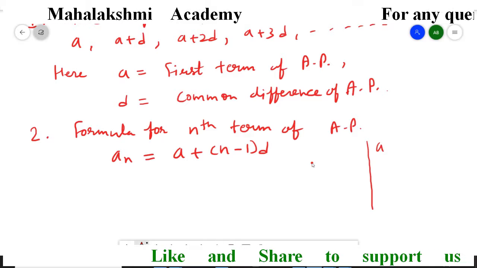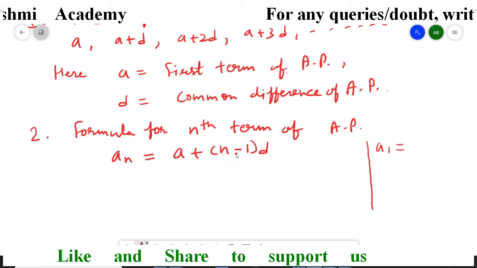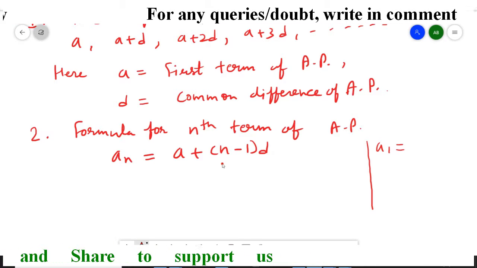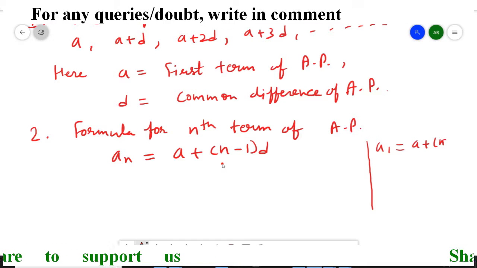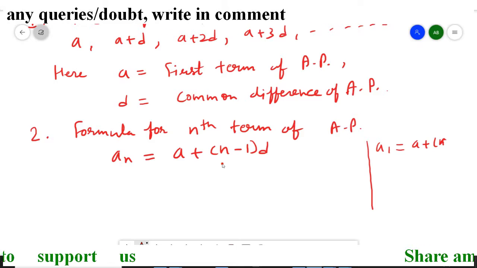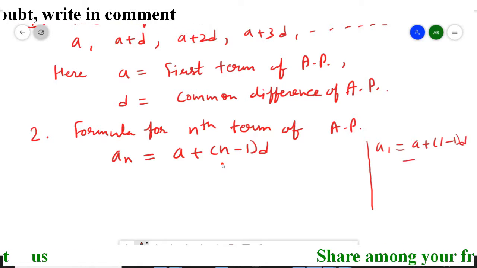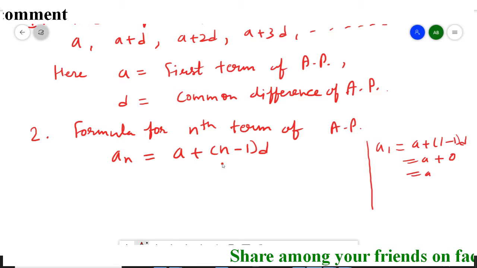Suppose we want the first term, then instead of n you just replace it by 1. So it's going to be a plus 1 minus 1 into d, and 1 minus 1 is 0, so that is a. So the first term is a.